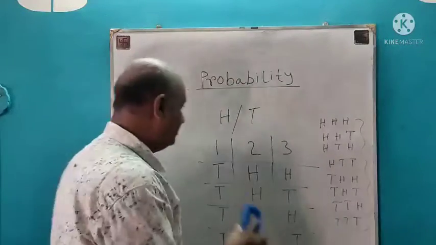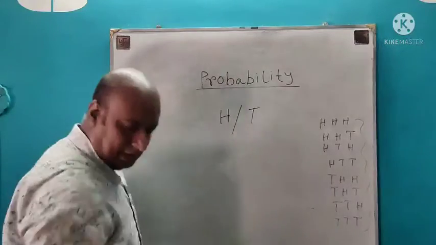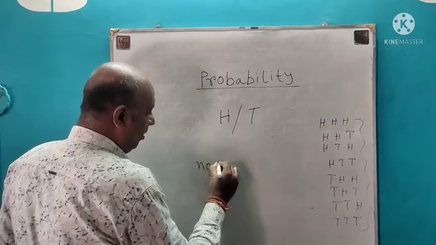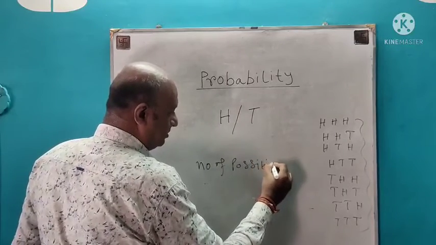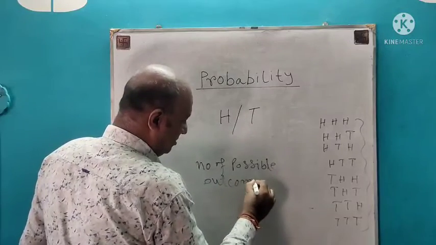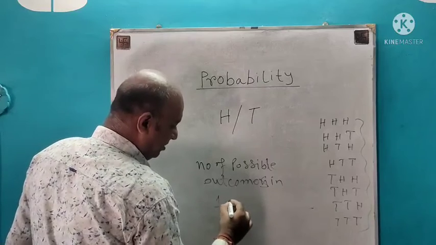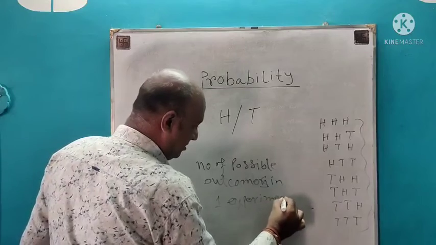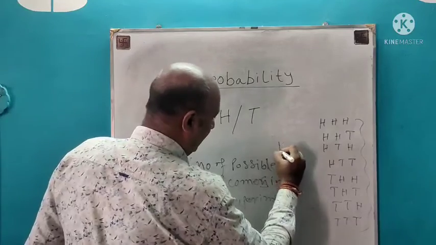That formula is: number of possible outcomes in one experiment, to the power n.